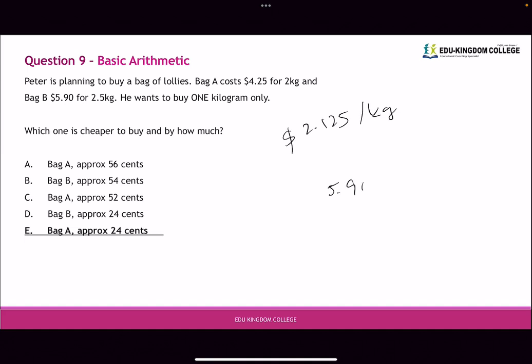So 5.9 divided by 5. So 0.5 kilograms is equal to 1.18. So 1 kilogram equals 2.36, which means that bag A is cheaper by about 23-24 cents. So that's E.